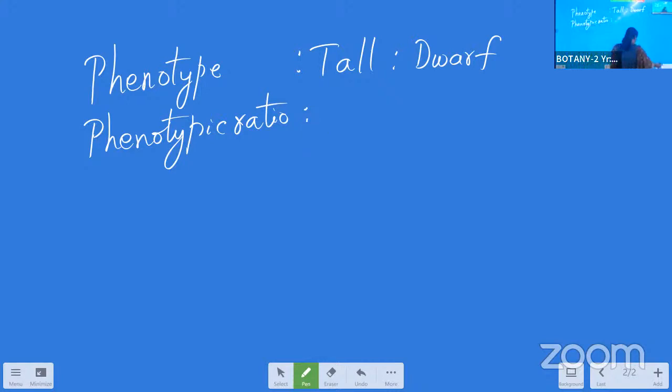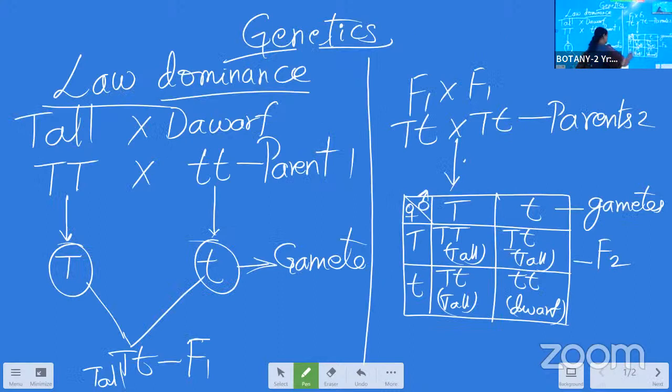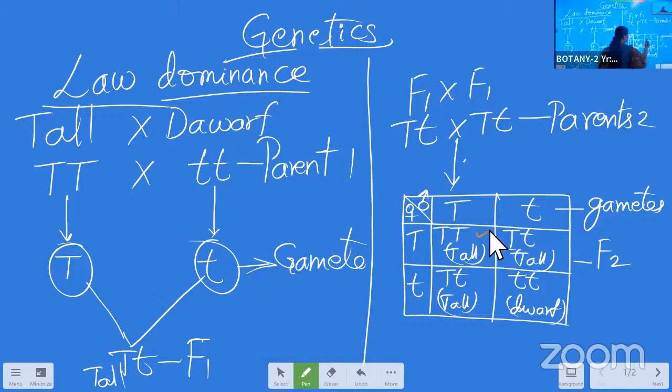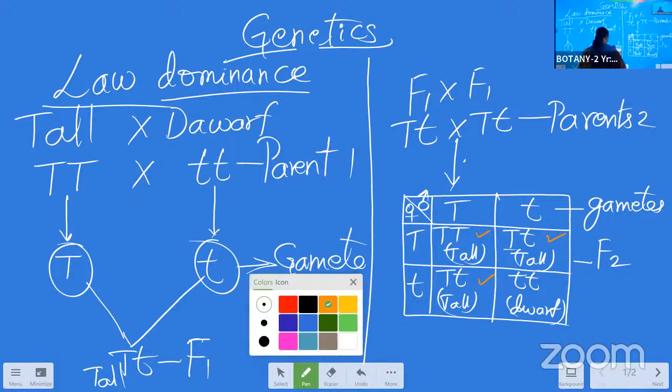So see in the Punnett square picture again, how many plants are tall? This is tall, this is tall, this is tall. That means three plants are tall and one is the dwarf plant.